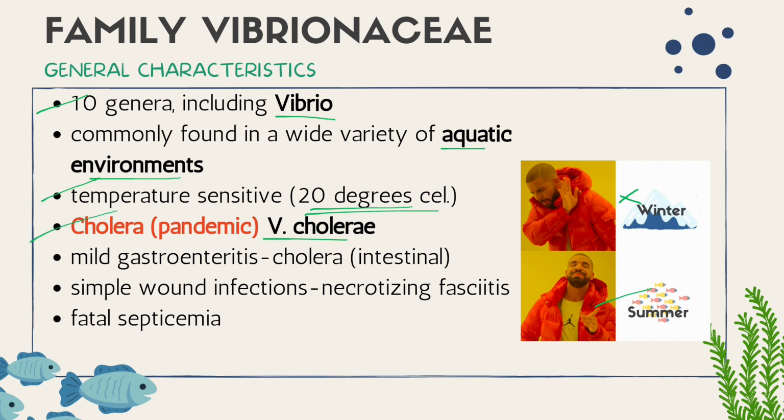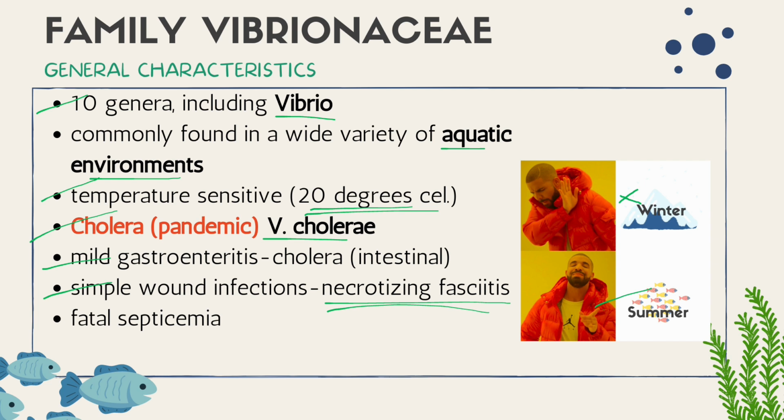This is a pandemic disease that causes watery stool and diarrhea to the infected patients. So, it is not only cholera that the bacteria under this family cause. They can also cause mild gastroenteritis, which is the inflammation of our gastrointestinal tract, and simple wound infection, up to necrotizing fasciitis. So this is very serious because this is the flesh-eating bacteria, okay?